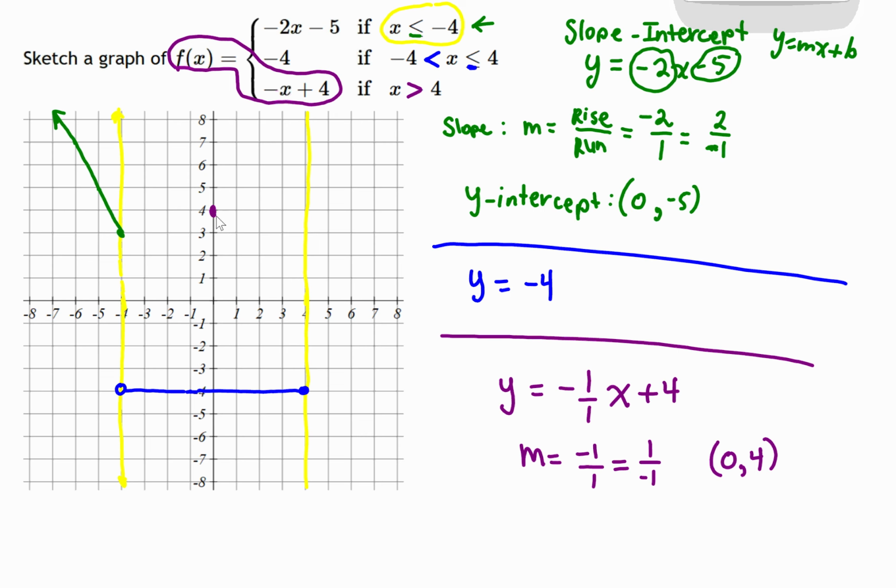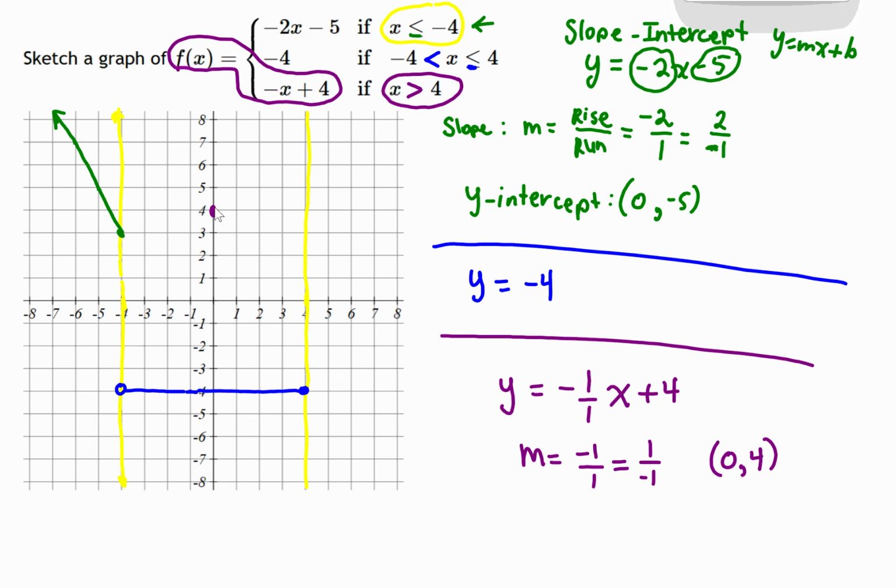Now I'm going to go ahead and use that to help me graph the line, but then I'm going to come back and erase the portion that is not within this designation, the x value is greater than 4. Okay, so for now I'm just going to do it from here. I'm going to use my slope, and it looks to me like I could go up and over 1.